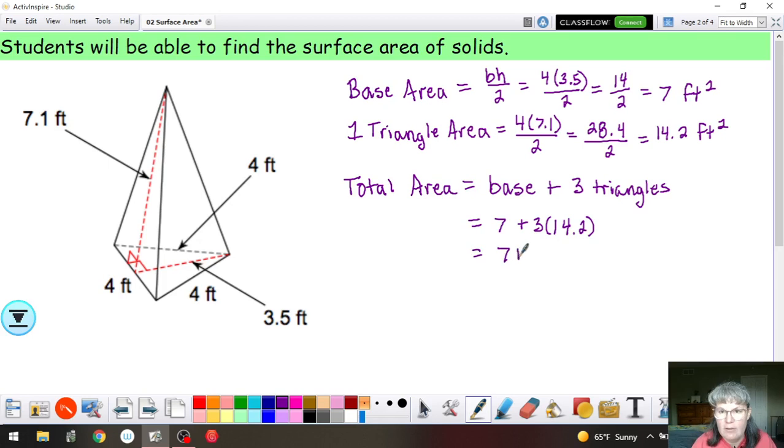So 3 times 14.2 is 42.6. 7 plus 42.6 is 49.6 square feet.